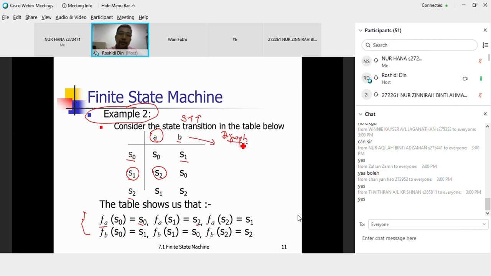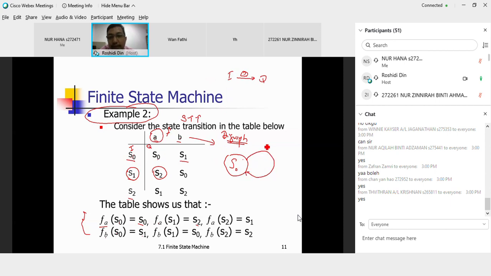So how do we transform to the diagram? We know this one is function, this one is input, this one is output. So the important thing is input maps to output. Now we draw S0 map to S0.